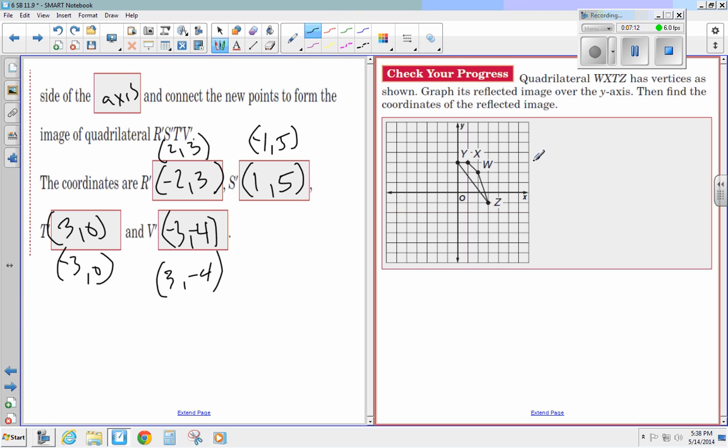All right, so here, we're going to use the graph over the y-axis. So look at the distance. 1, 2, 3, 1, 2, 3. That's my new point. 1, 2, 1, 2. That's my new point. 1, 1. That's my new point.